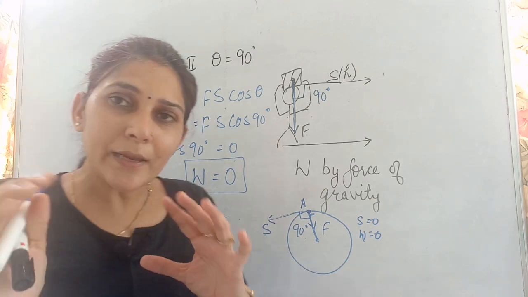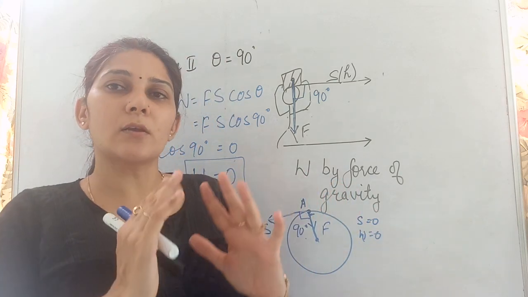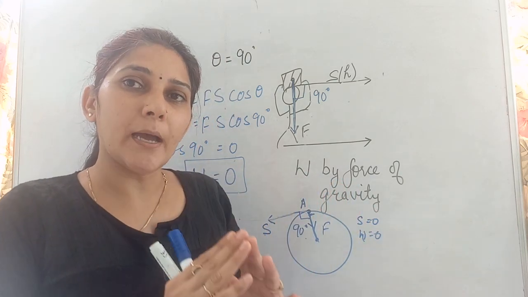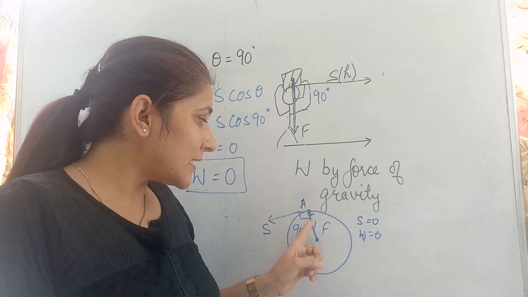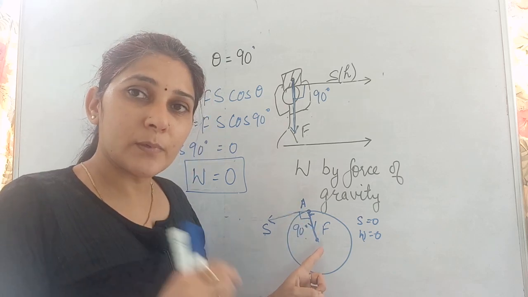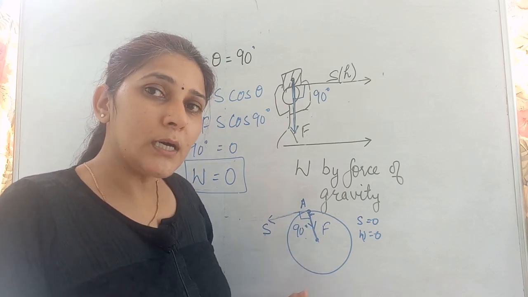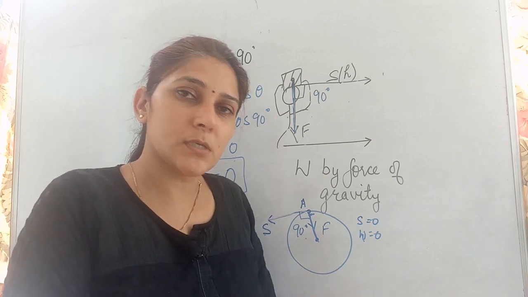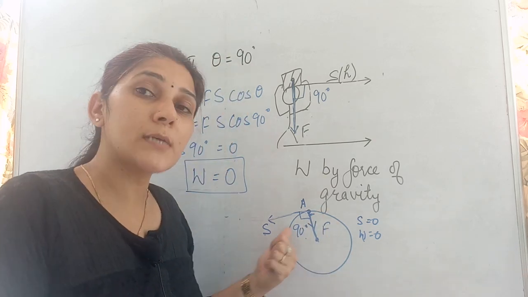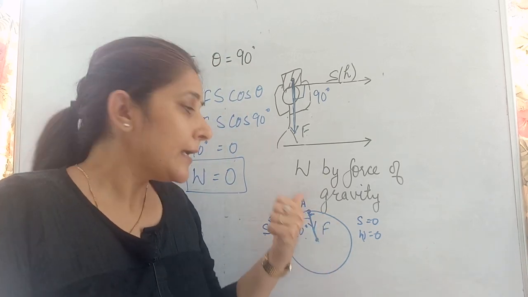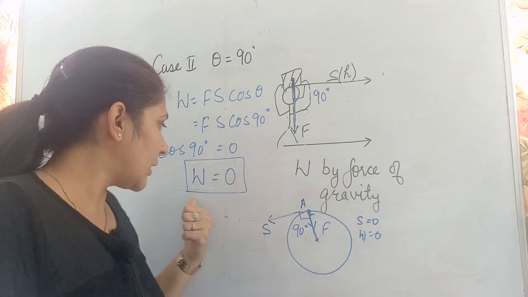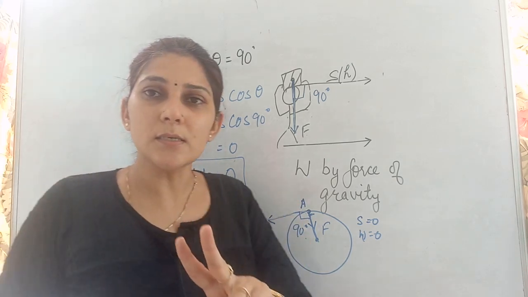Whenever any object is moving in a circular path, the work done by the force which is exerted towards the center, the centripetal force, is also 0, because the angle between the force and the displacement is 90 degrees, and whenever theta is 90 degrees, work done is 0. This is the second case.